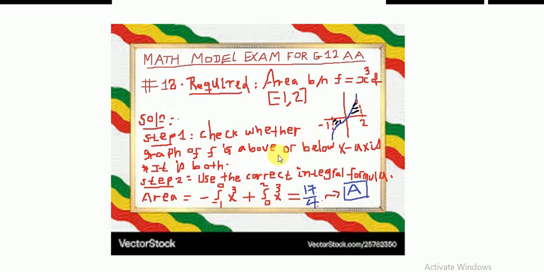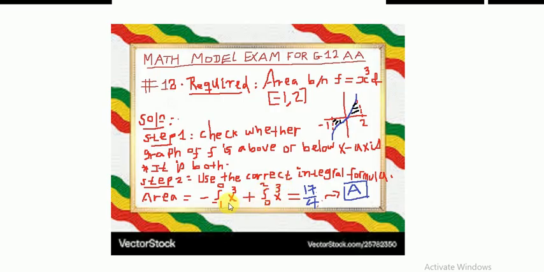We divide our work into two parts. For the region below the x-axis, we multiply the integral from -1 up to 0 by negative 1. For the other part, we integrate as it is, without multiplying by negative 1, from 0 up to 2 of x cubed.